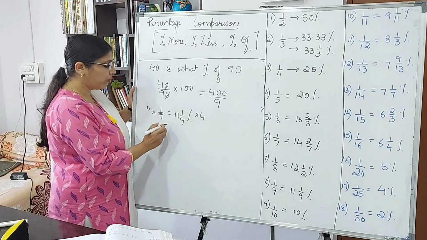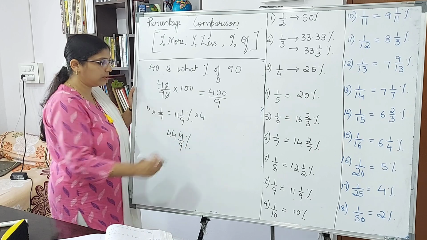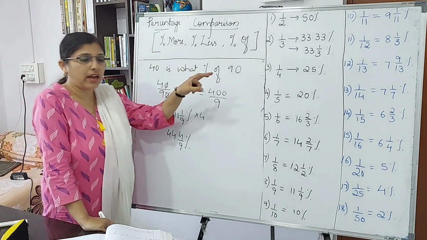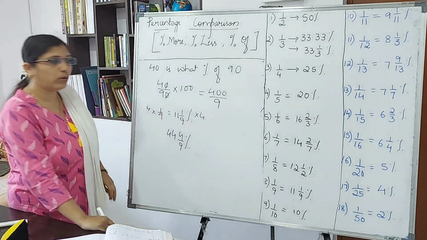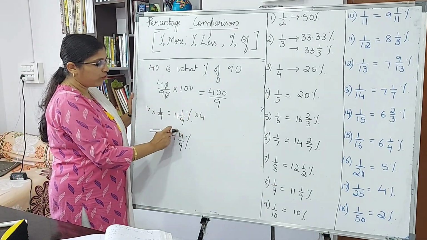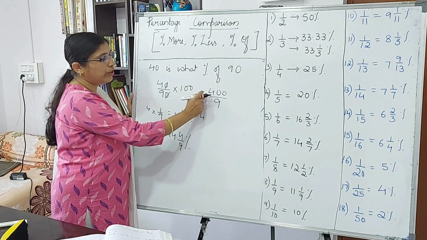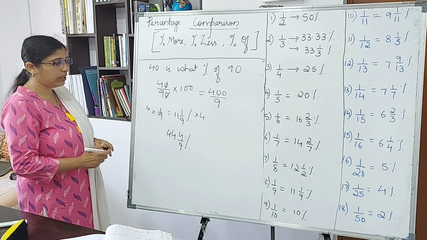So directly you could have written 44 4 by 9%. If you knew by heart, on the tip of your tongue, that 1 by 9 is 11 1 by 9%, directly when you see this, you could have written 44 4 by 9%. No need of dividing. Okay.